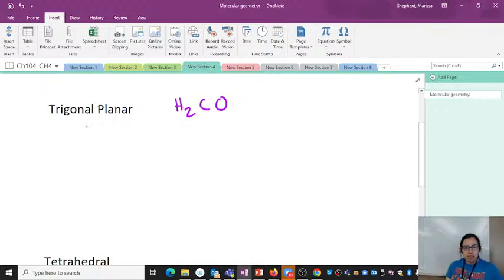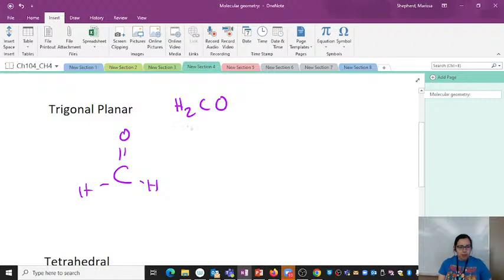But let's see how it is trigonal planar. So we have carbon, and again, just playing with it, I'm thinking in my mind, well, carbon likes to make 4 bonds. So it might be a good central atom since oxygen typically just makes 2, each hydrogen just makes 1. And from there, you can piece together, well, I know oxygen needs 2.